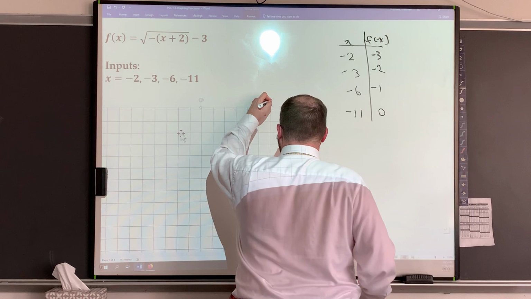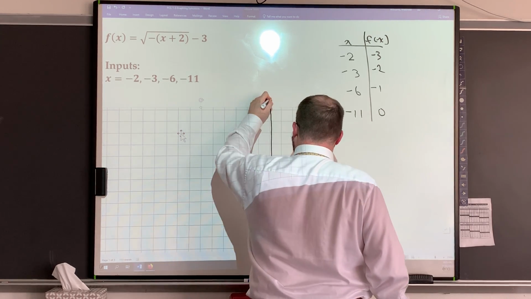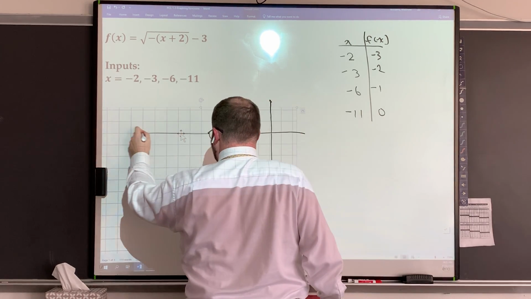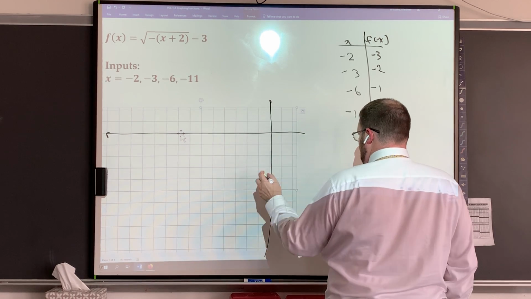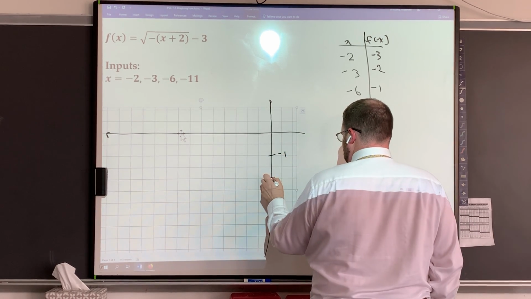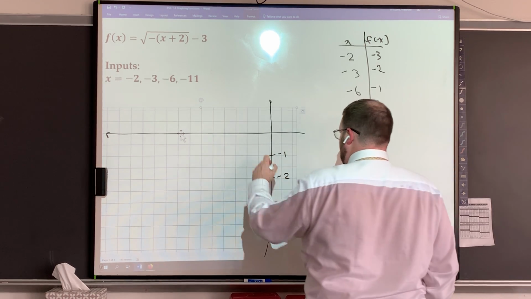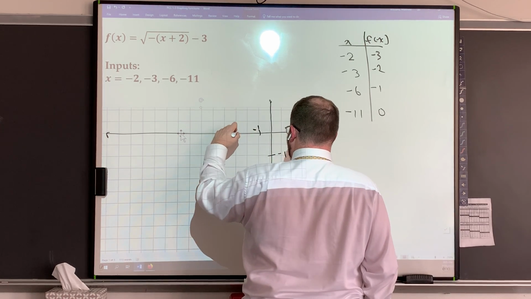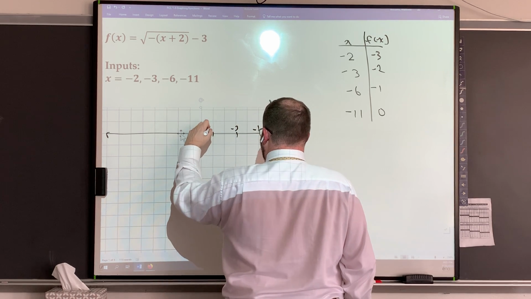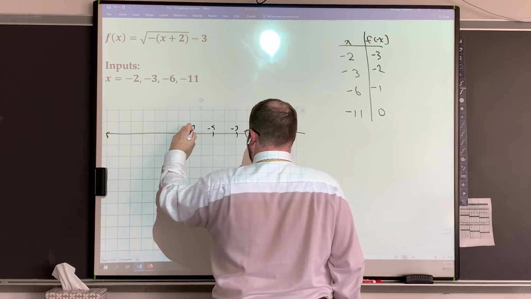So if I graph this, you probably can't see the grid on the board, but you should be able to see the black. I'm going to label every 2 lines on this grid, if you can see it, as a 1. I'm going to label every 1 line on this x-axis as a 1.